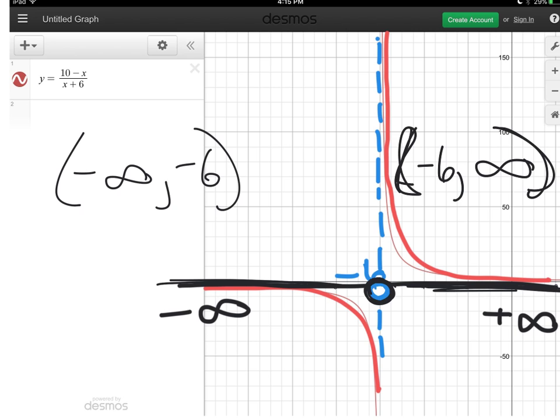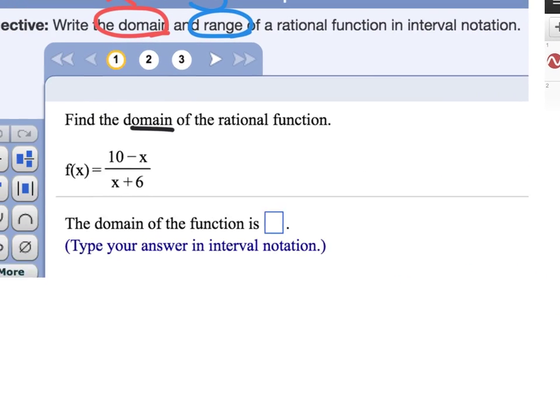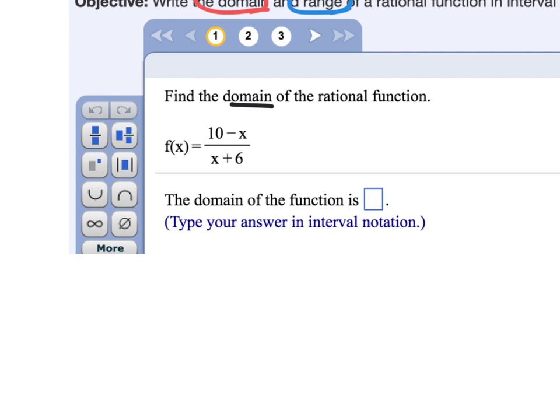And again, we want the soft brackets, not the hard brackets. Since it's in two sections, x can be down here and x can be up here, so we use the union symbol. That says x is allowed to be anything down here, and anything up there.